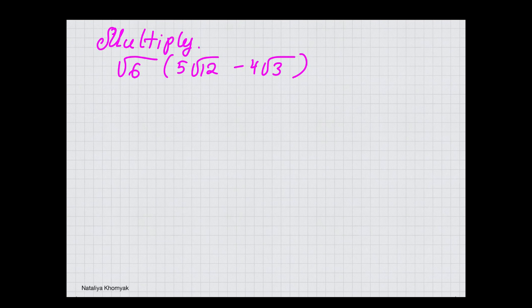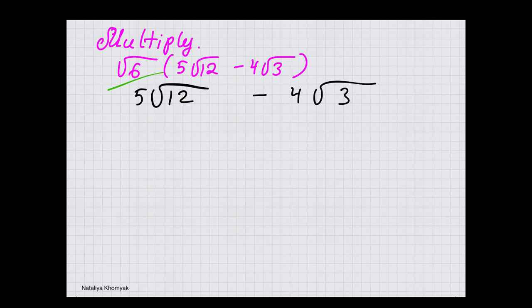Multiplying square root of 6 times 5 radical 12 minus 4 radical 3. First thing, copy the inside of the parentheses. So we have 5 radical 12 minus 4 radical 3.